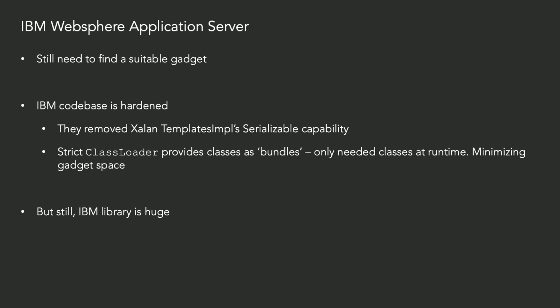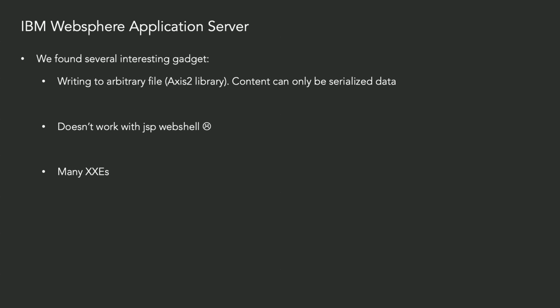So it's kind of hard to pop an RCE gadget chain out of this, and it also has a very strict class loader. But still, IBM is a huge product, because it's an enterprise application. So we found several interesting gadgets, and all of these are still under disclosure, so I didn't want to disclose any of this, but I will give a demo.